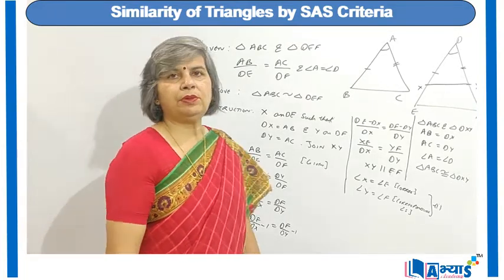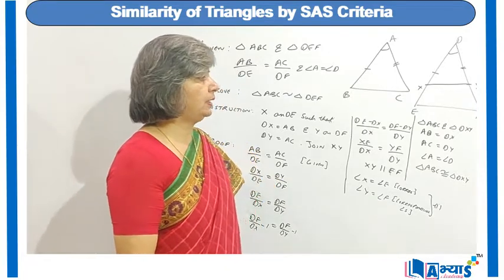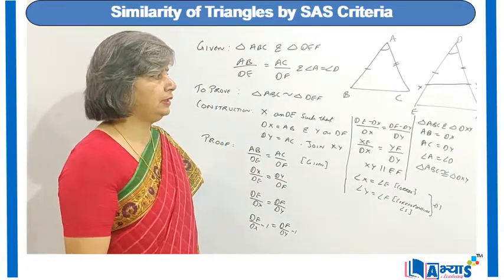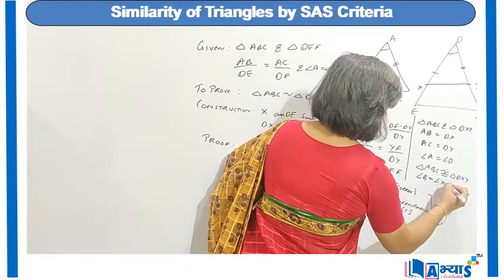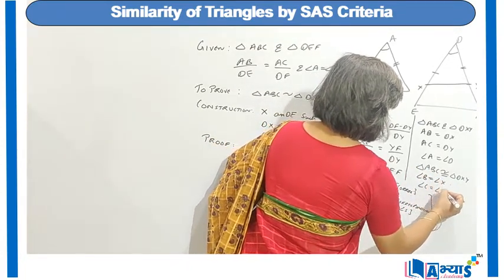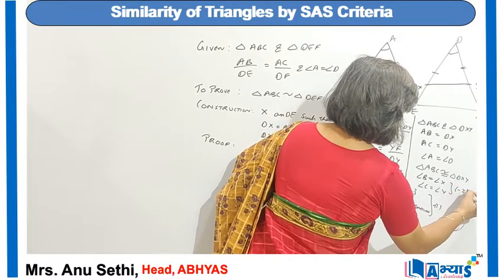Moreover, angle A is equal to angle D, it has been given to us. Therefore, triangle ABC is congruent to triangle DXY, or we can say that angle B is equal to angle X and angle C is equal to angle Y. Let us mark it as equation 2.